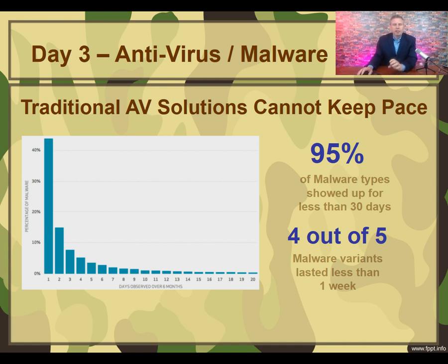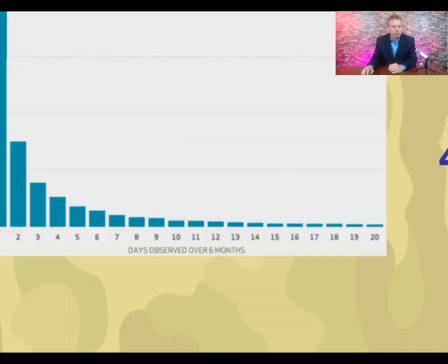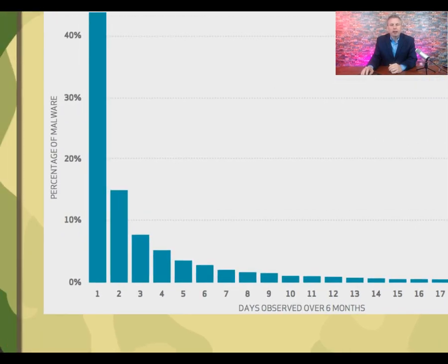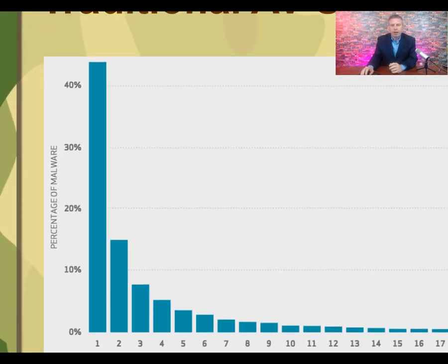Typically, what you'll see is the antivirus solutions have to be quick. They have to be able to detect viruses immediately, act on it, mitigate it, and remove it quickly, because typically the virus strains, the variants we're seeing, don't stick around very long. They stick around long enough to hit the attack, get the damage, plant the program on your computer, and then they're gone before your antivirus even detects them. If you look at this chart here, on the bottom is how many days over a 6-month period that these virus strains were detected, and the percentage of all malware.